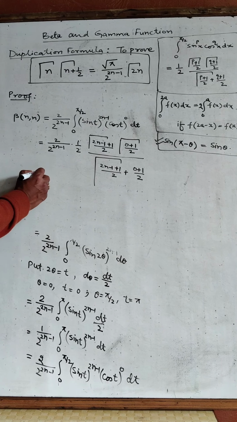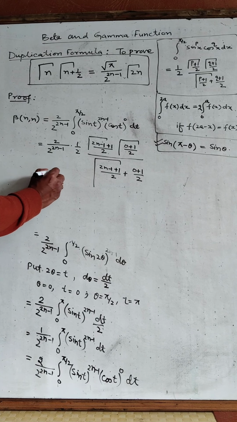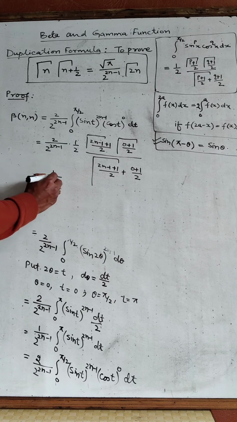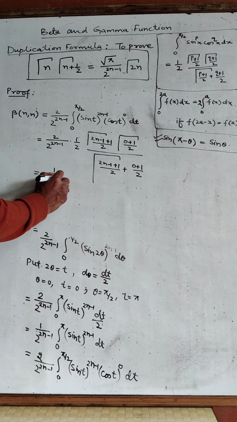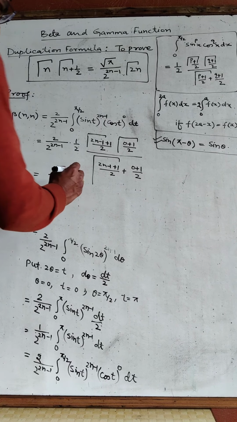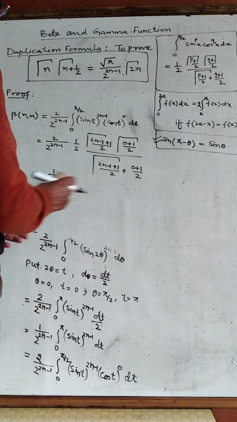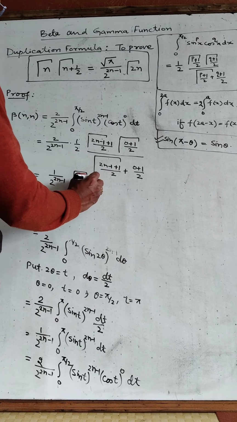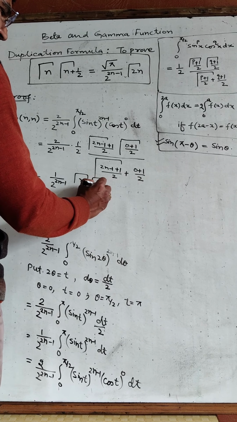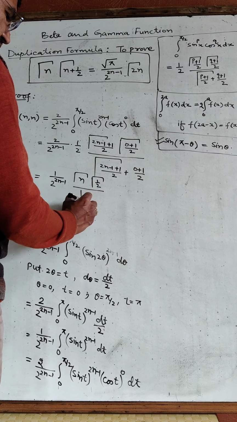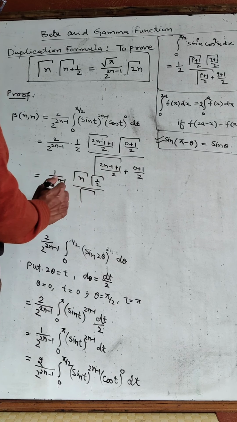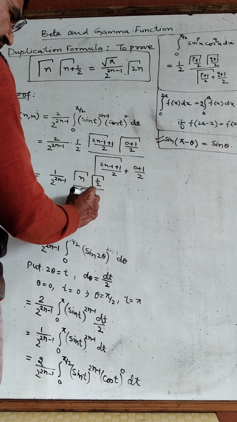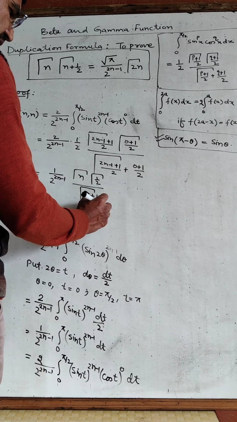So if we simplify it, 1 over 2 will cancel out with 2, and it will become 2 raised to the power 2n minus 1, gamma of n gamma of 1 by 2 over gamma of, from here we can write again, n plus 1 by 2.